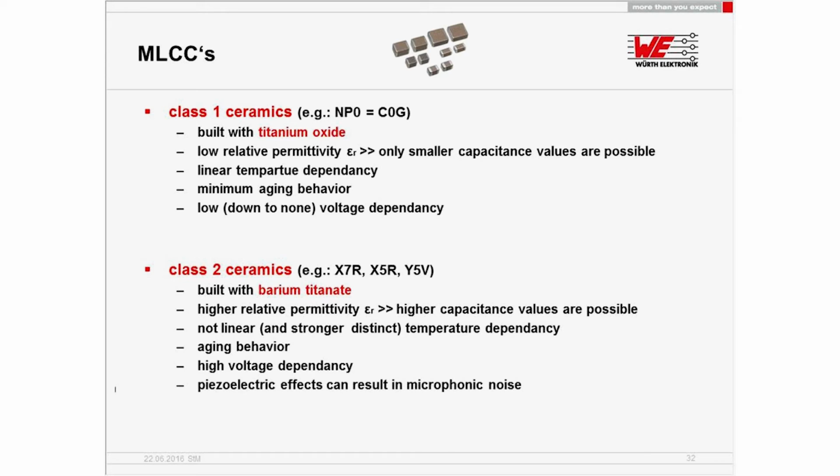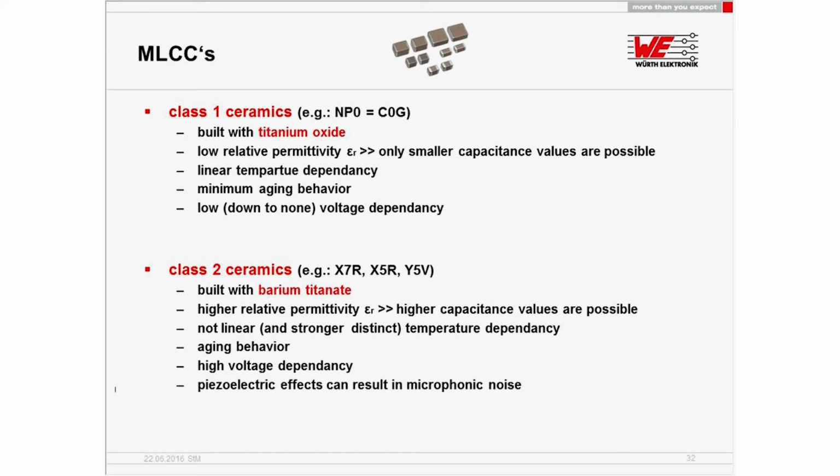But with this, you additionally get some non-linear effects and dependencies, like temperature dependencies that are not linear, aging behavior over time, and a higher voltage dependency. Also, due to the fact that the material is ferroelectric, you can get some piezoelectric effects. The whole time, if you apply a frequency, you have piezoelectric effects.